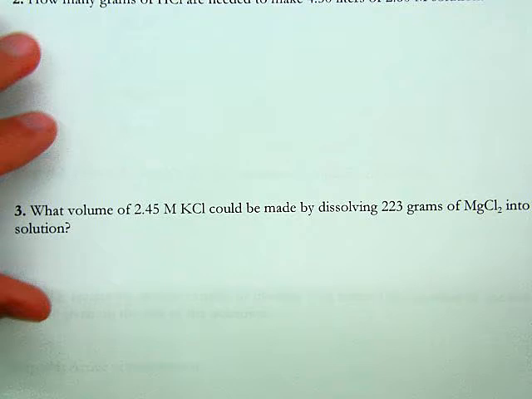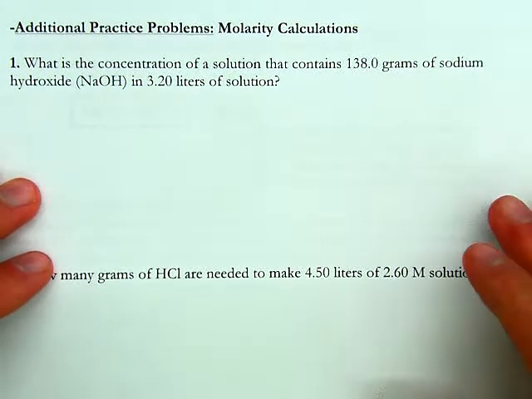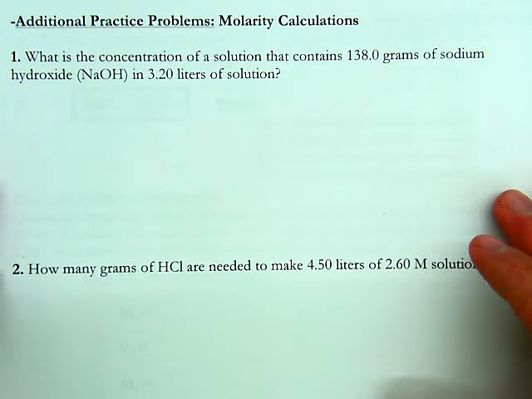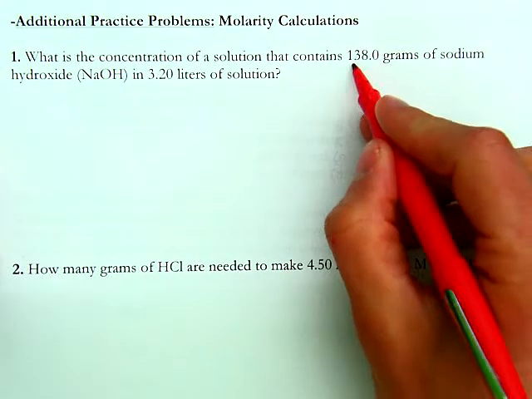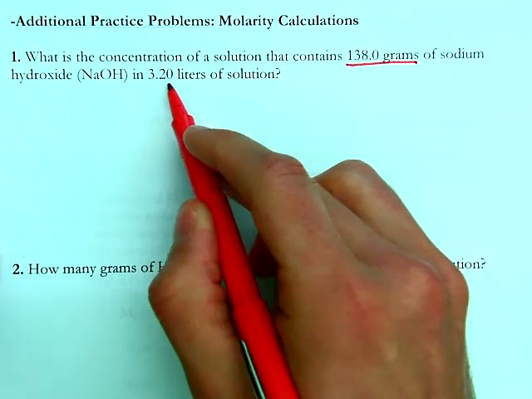Now, we're going to do a couple of problems where we have to solve for different things in different ways. In that last problem, you were given moles and you had milliliters, and we had to convert milliliters. But in this problem, it says, what's the concentration of a solution that contains 138 grams of sodium hydroxide in 3.2 liters?